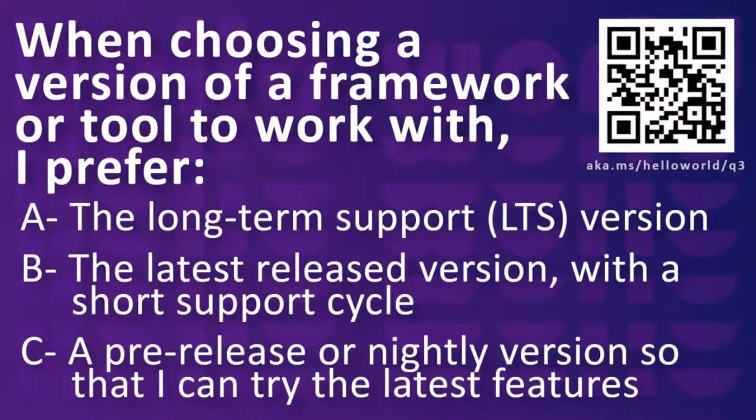The question is: when choosing a version of a framework or a tool to work with, I prefer A, the long-term support, LTS version; B, the latest release version with a short support cycle; or C, a pre-release or nightly version so I can try the latest features.